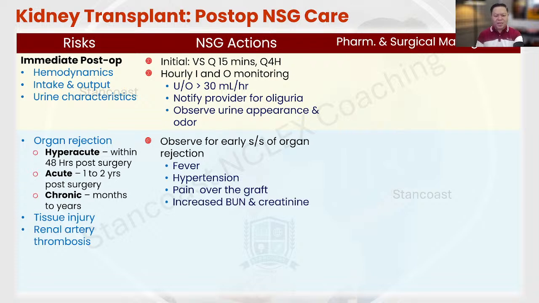Can you imagine that? You're happy that your patient is now getting a new kidney, and all of a sudden everything went back, it reversed. Your patient now has an elevated BUN and creatinine. How disappointing is that? And so this is one thing that you need to anticipate.